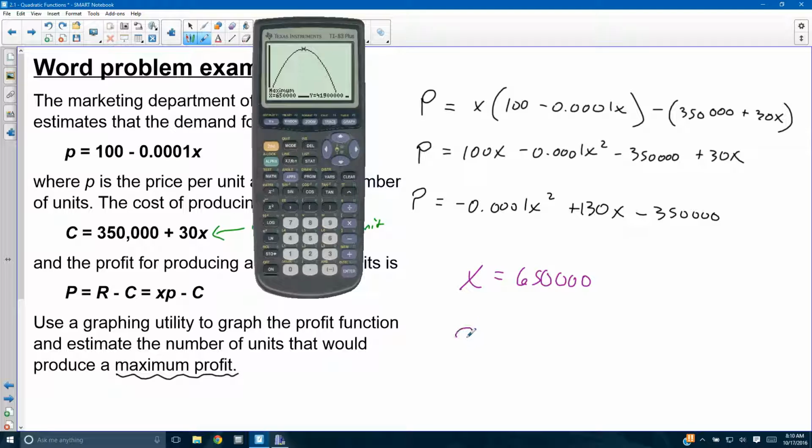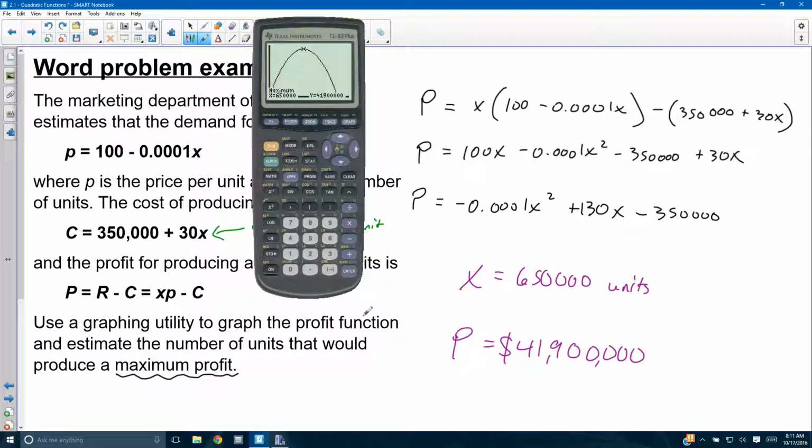And P, profit, is 419,000,000. So this is units. This is dollars. To answer the question, there's a certain number of units that I could sell where my profit will be, looks like, 41,900,000. So whatever this thing is, they're making some money.